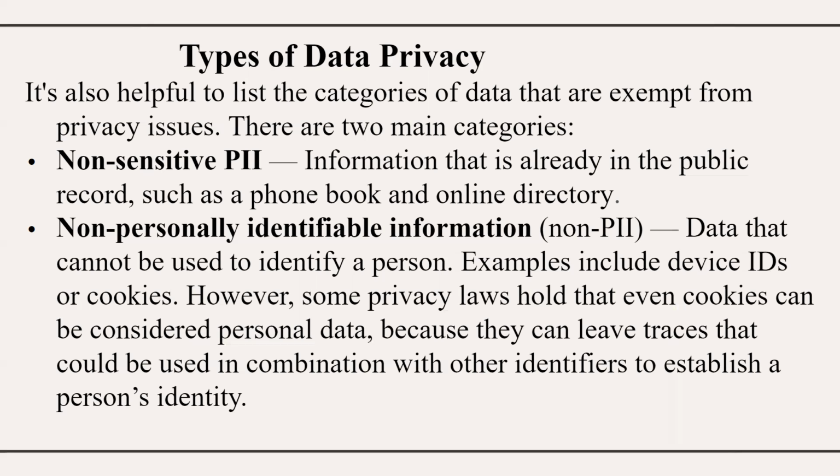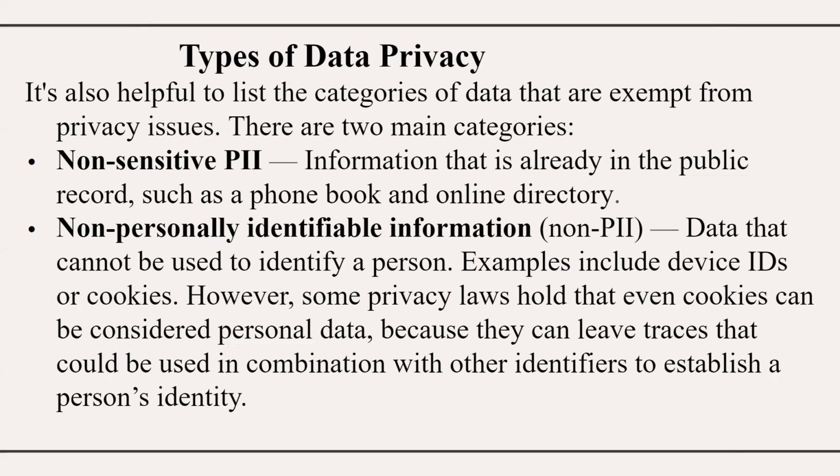At this point, there are times where privacy laws say that cookies could even be personal data because they can leave traces that could be used in combination with other identifiers to establish a person's identity. Cookies, for example, could be from your browser, or from some other information that you might have provided.